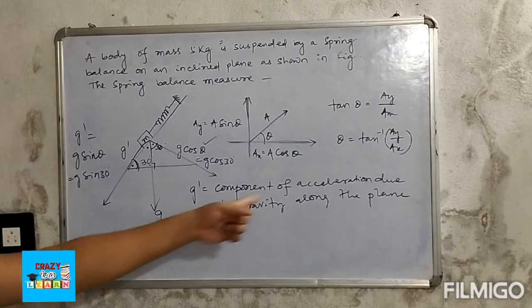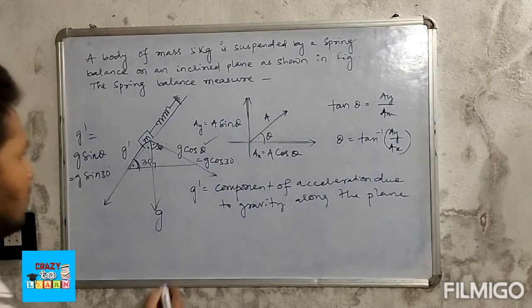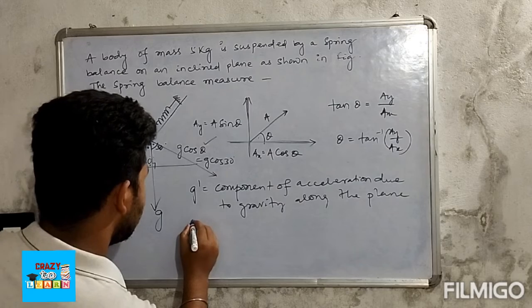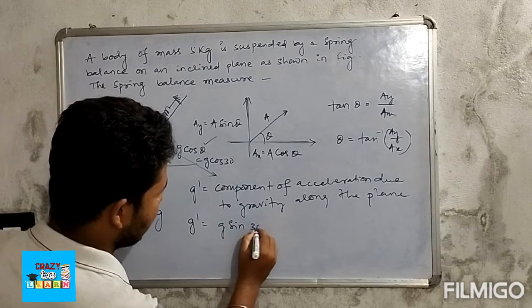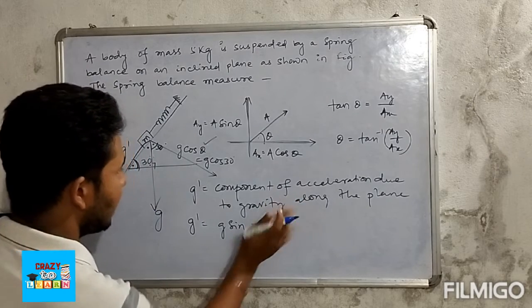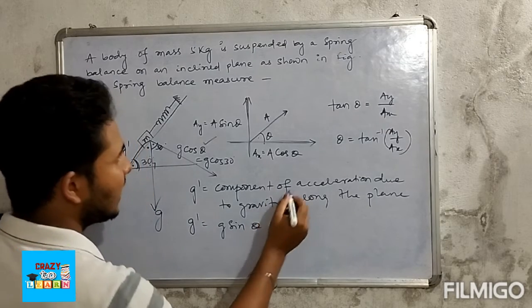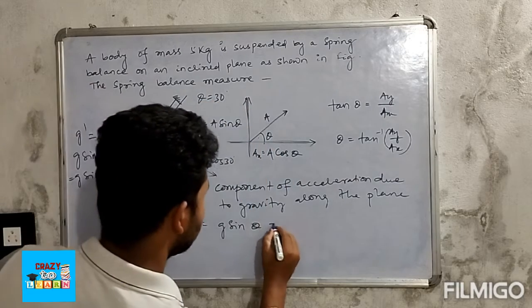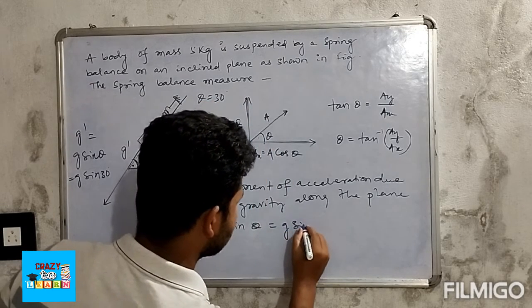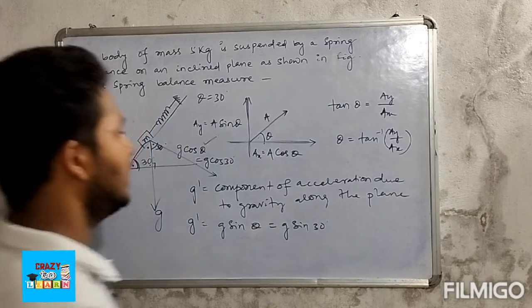Okay, the component of acceleration due to gravity along the plane, so g dash is equal to g sin theta. As theta is given to you as 30 degree, it is g sin 30 degree.